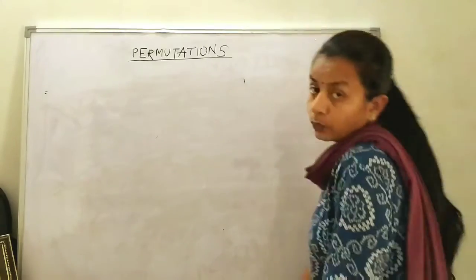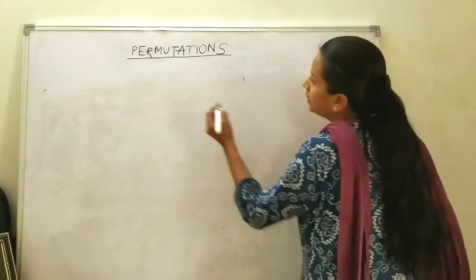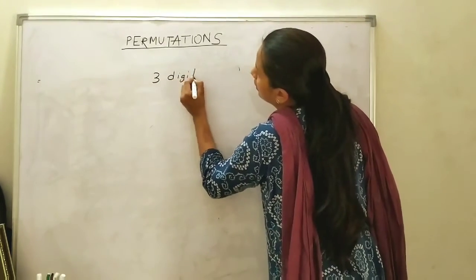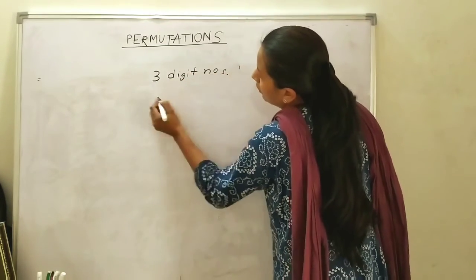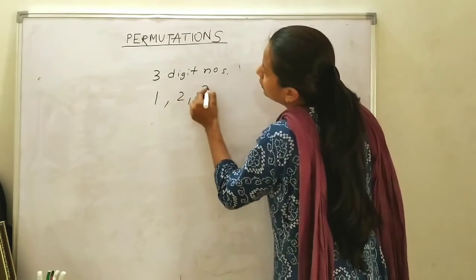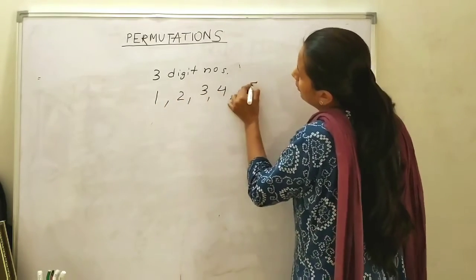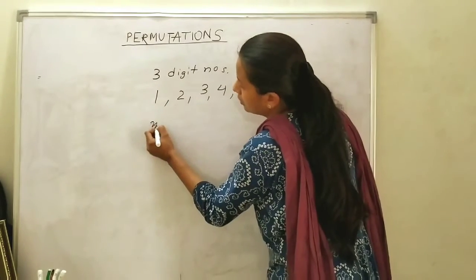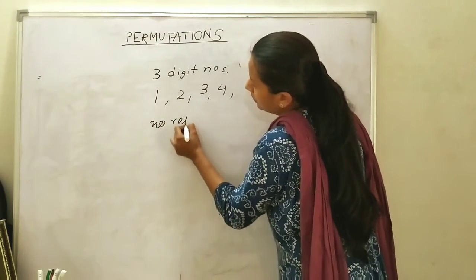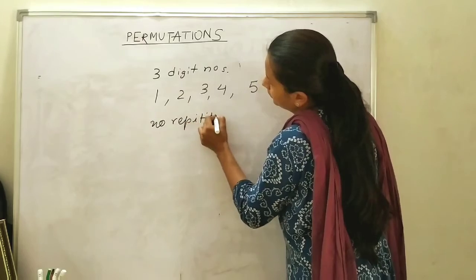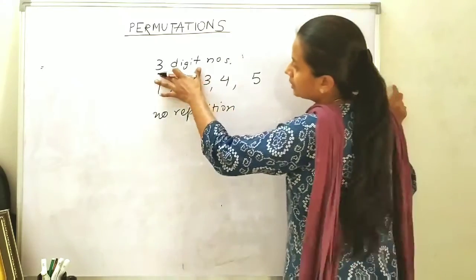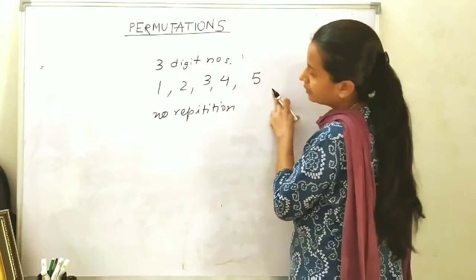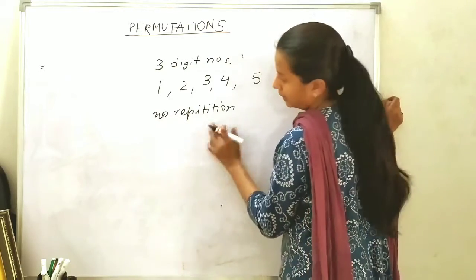Let's take one more example. How many 3-digit numbers can be formed with the digits 1, 2, 3, 4, 5 when there is no repetition?